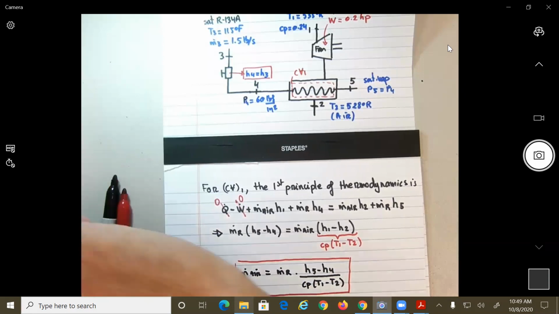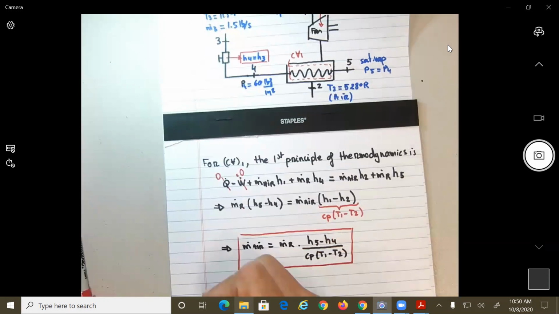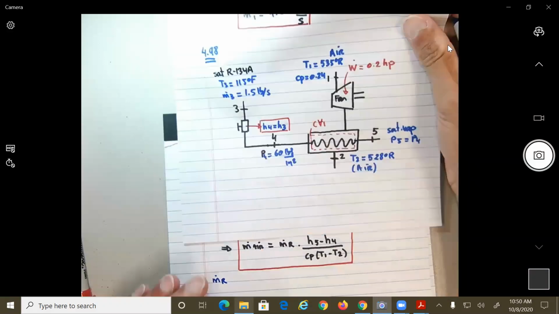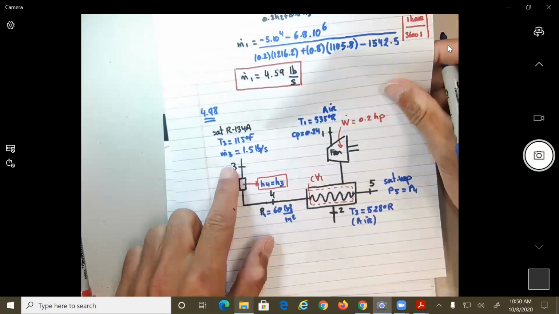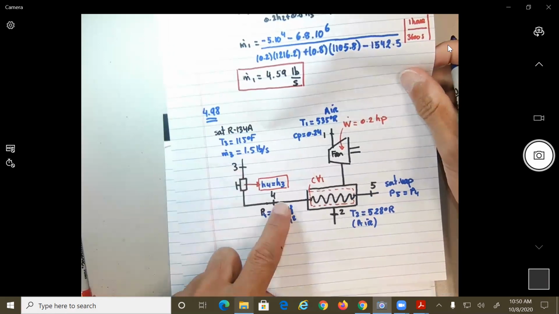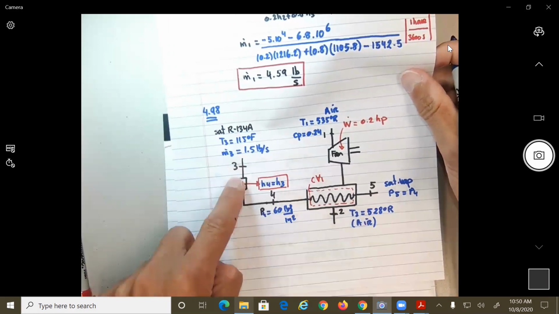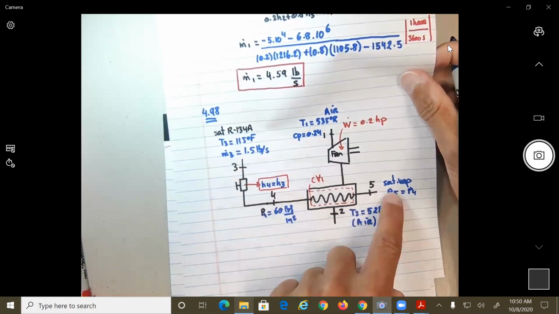So in this problem, do we know the mass flow of the refrigerant? If they give us M3, we know M3 is going to be equal to M4, which is going to be equal to M5, no? It's going through the same pipe, yeah?